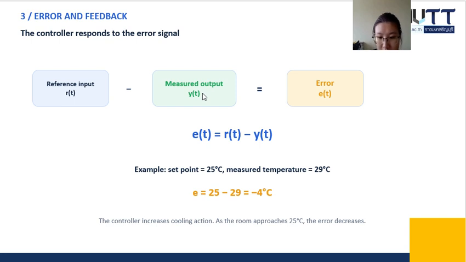If the set point is 25 degrees and the measured temperature is 29 degrees, the error is minus 4 degrees. The controller uses the error to increase cooling and move the temperature toward the target.